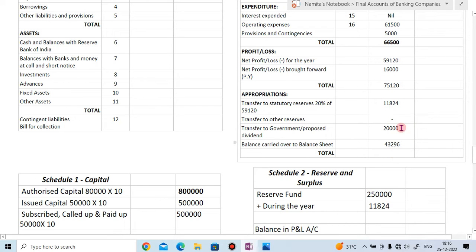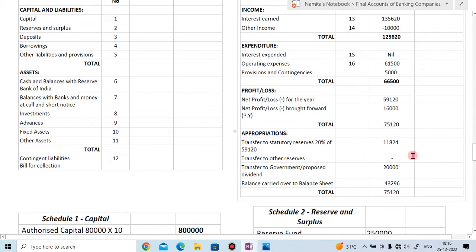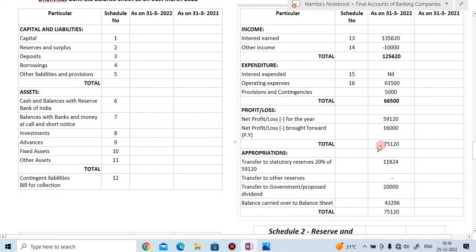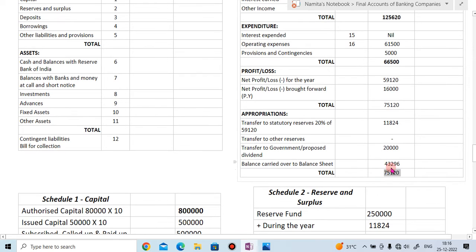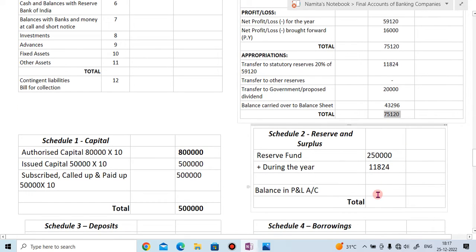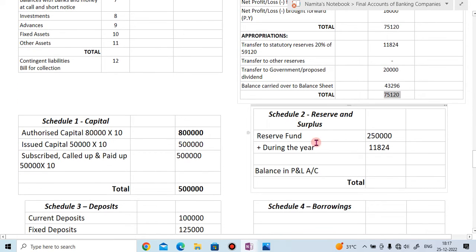Okay, so now add all these 3, you will get the total 75,120. Okay, so that means the profit and loss account is tally. So you can see both the amounts are same. Okay, now this 43,296 we have to transfer to the balance sheet.